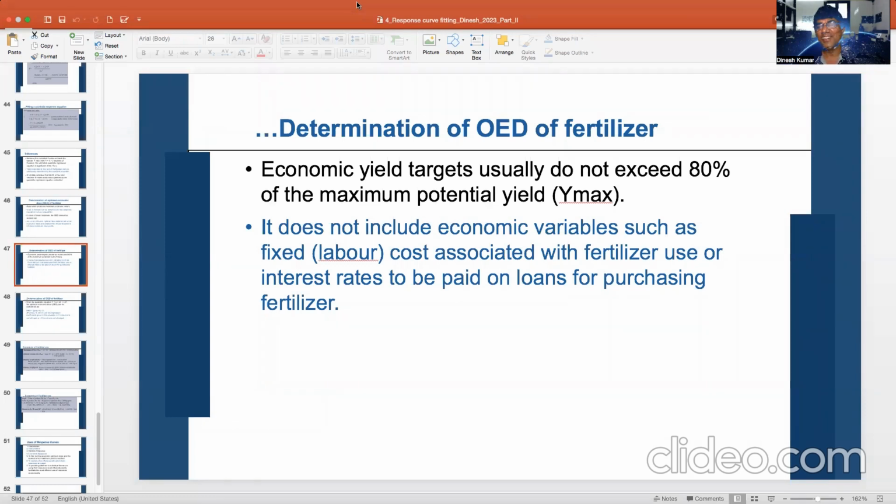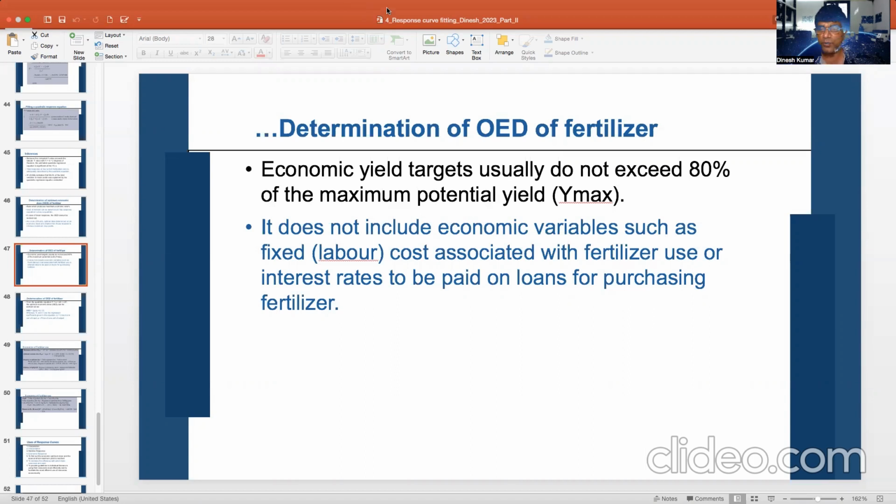Okay. So you have gone up to 130 kg, but your economic rate has come out to be 104. This is a very general, very vague idea, 80% based upon several trials people have made. But the real, actual figure we need to work out by conducting the experiment and fitting the equations.